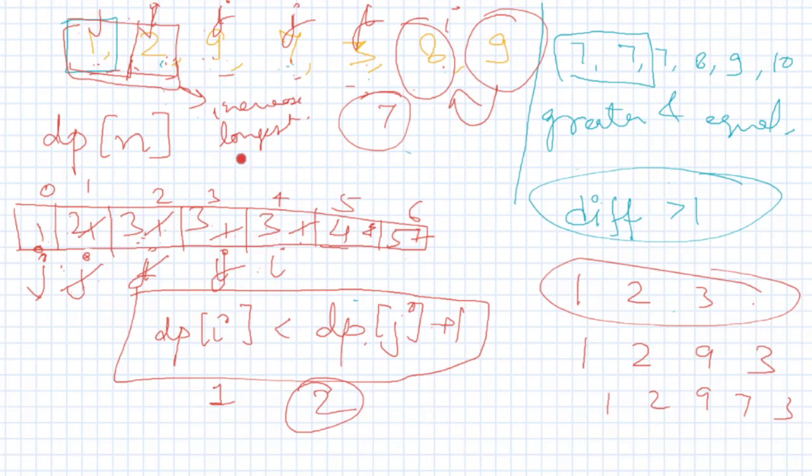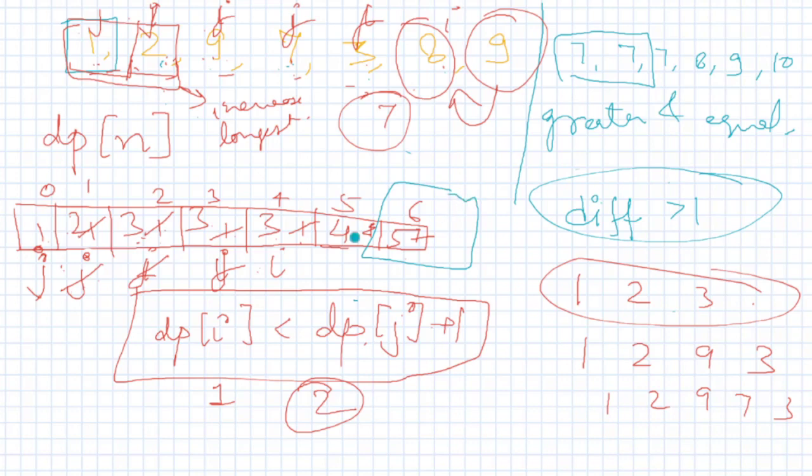Now when you have this array, that's 1, 2, 3, 3, 4, 5, right? If they ask you what is the length of the longest subsequence, don't say that it is the last element.